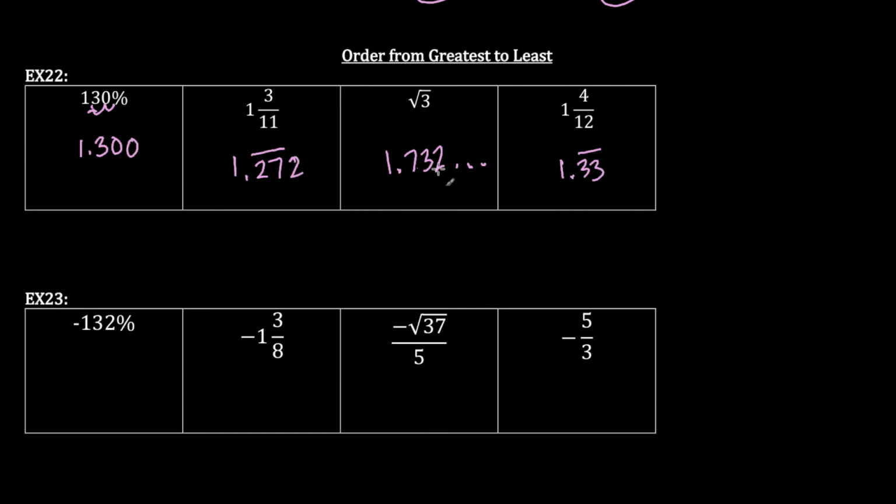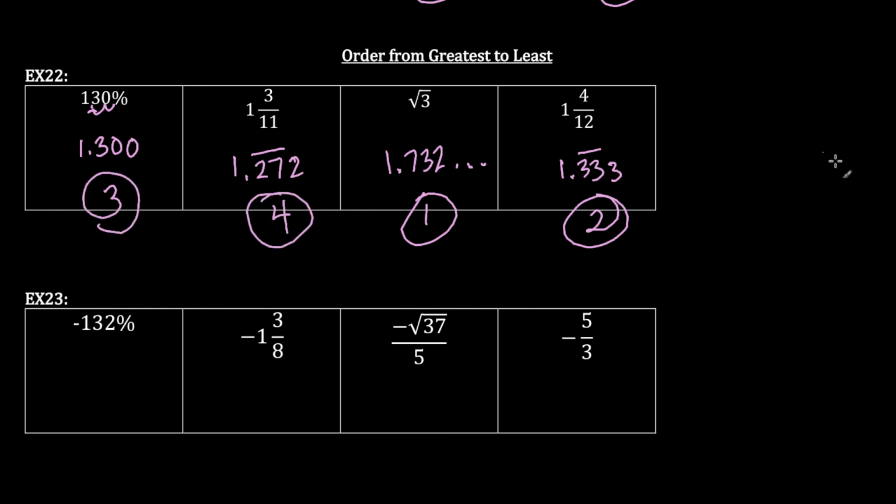That'll be another 2. This will be another 3. So greatest to least, 300, 272, 732. 732 is the largest. And then 333. Remember, we're going from greatest to least this time. 300 and 272. All right, almost done.